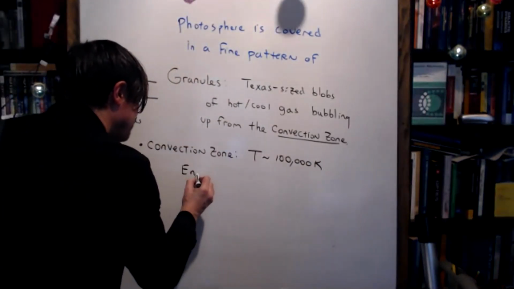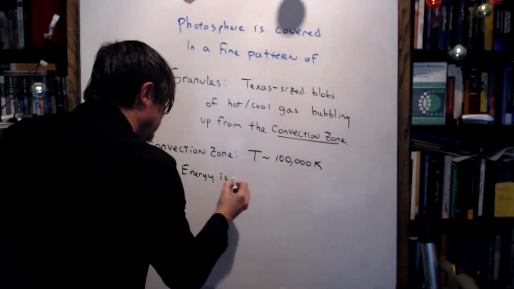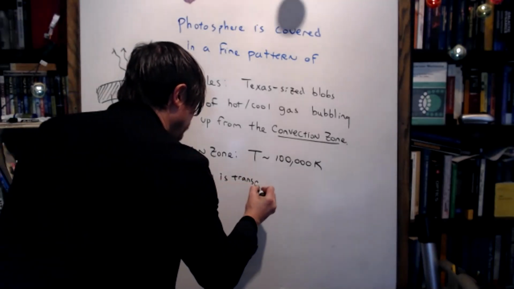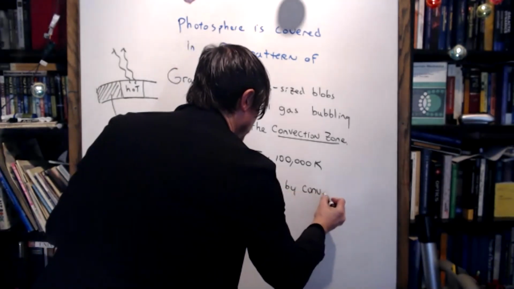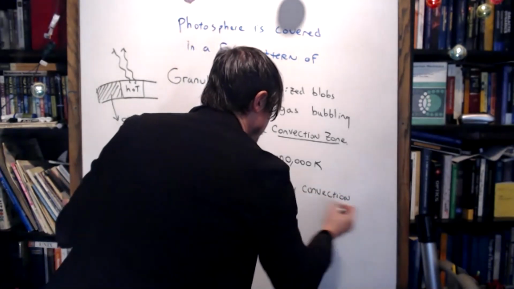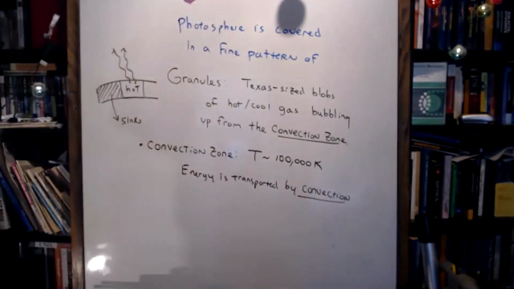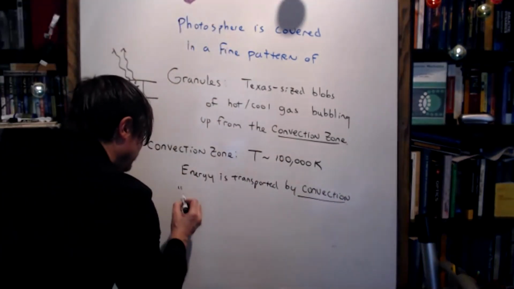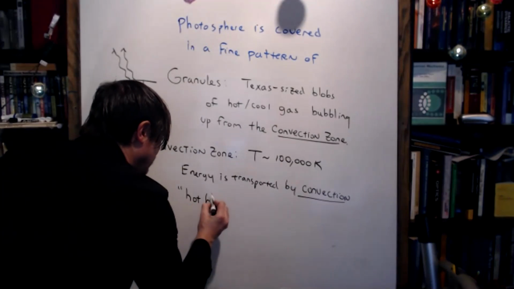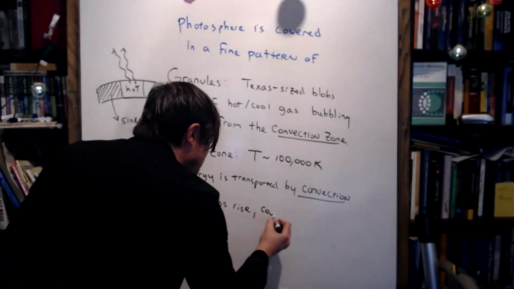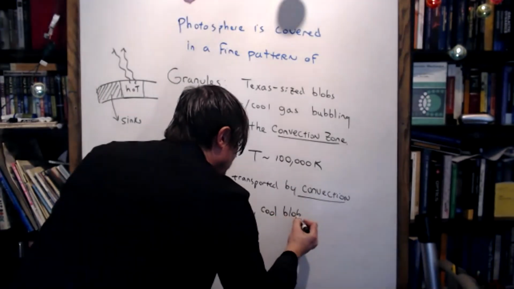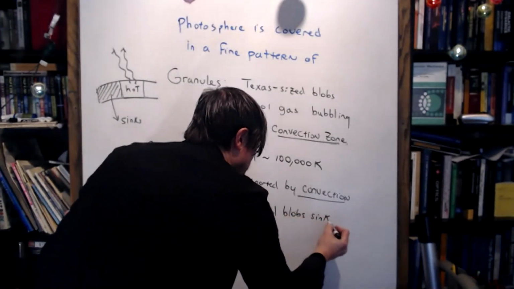And here, energy is transported by convection. What does convection mean? Convection means hot blobs rise, cool blobs sink.